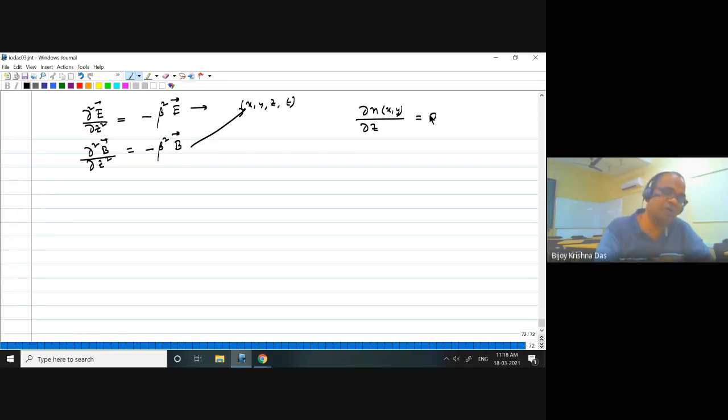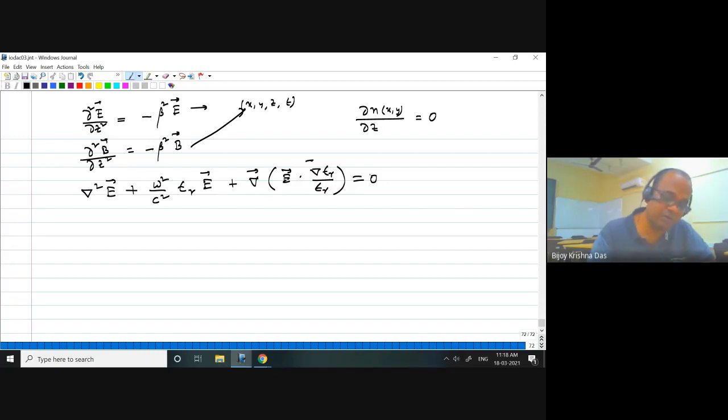How? Because earlier, before I started 1D waveguide analysis using Maxwell's equations, we derived two vector wave equations. You remember that? I'm writing down those vector wave equations for the electric field. This one: del squared E plus omega square by c square epsilon r E plus del of E dot del epsilon r by epsilon r, that is equal to 0.